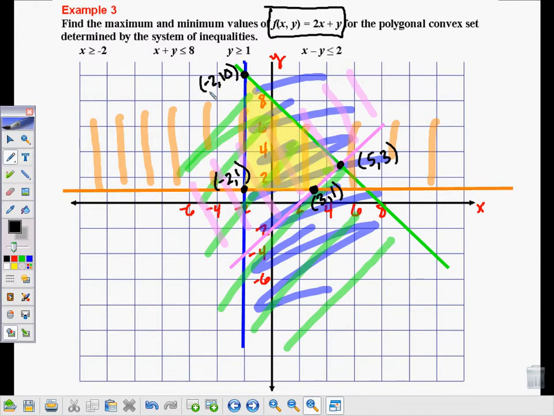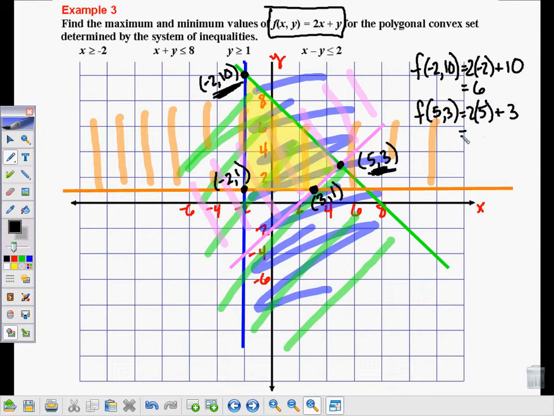All right, so the first one I'll do is this vertex, negative 2, 10. So f of negative 2, 10, that'll be 2 times negative 2 plus 10. So that comes out as negative 4 plus 10, which is 6. I'll move on to my next one. I'm going to go clockwise here, just to stay organized. 5, 3. So f of 5, 3 gives me 2 times 5 plus 3, so that comes out as 13.